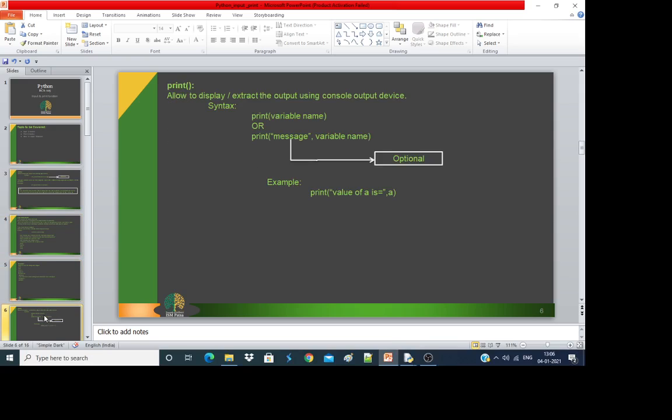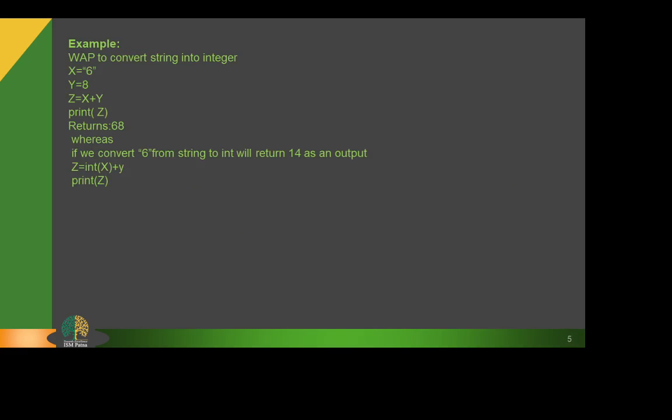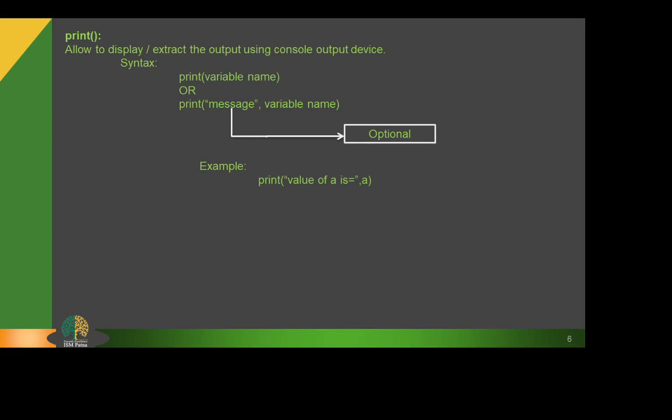Now the next is the print function. What is the print function? Like the input function, the print function is also connected with the console output device. If the input function is connected with the input device, the print function is connected with your console output device, which is completely dedicated to the output work of your system.